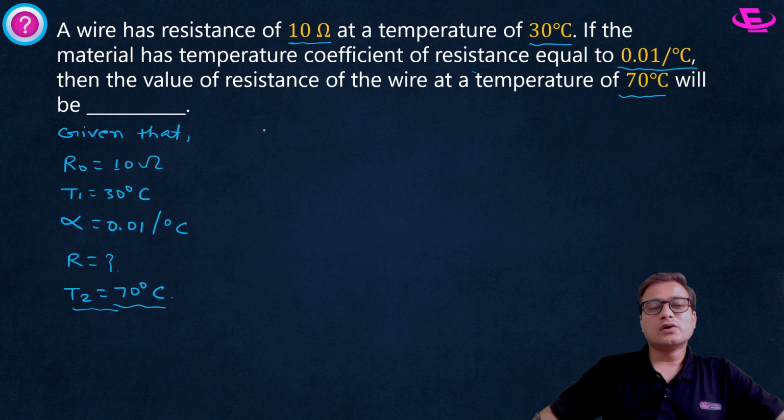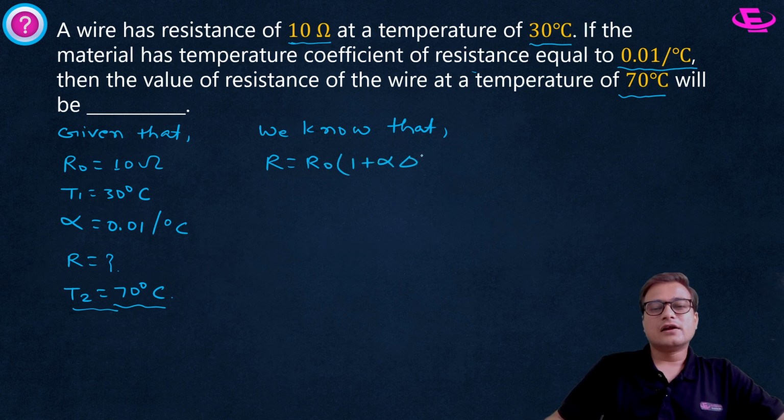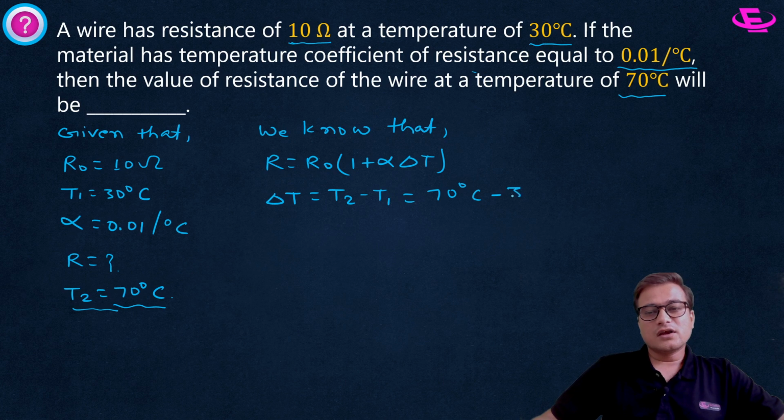So how will you calculate? We know that R equals R naught into 1 plus alpha delta T. Clear? Delta T equals T2 minus T1, that means 70 degrees Celsius minus 30 degrees Celsius, which is 40 degrees Celsius.